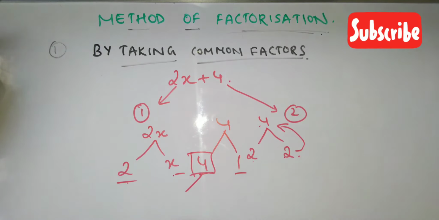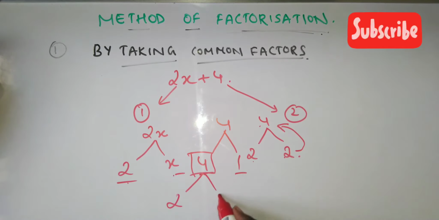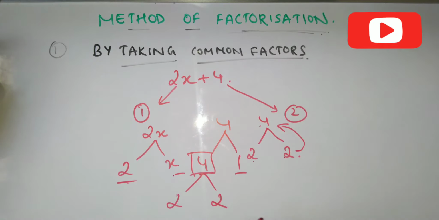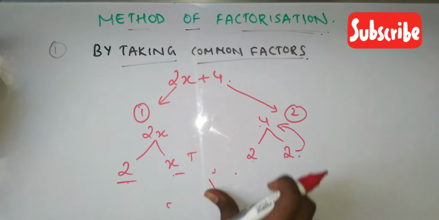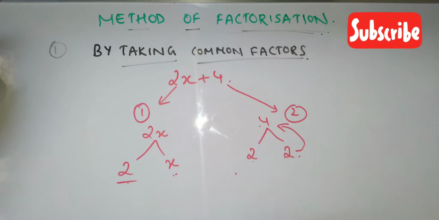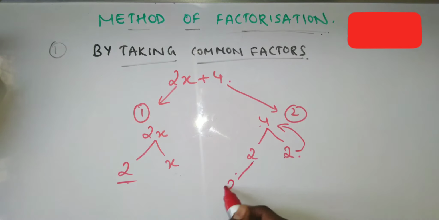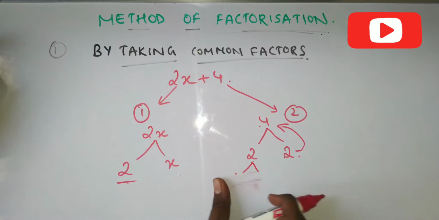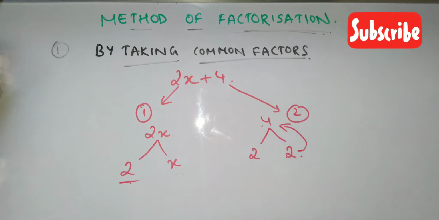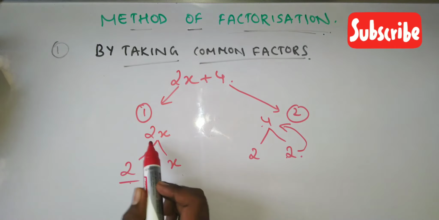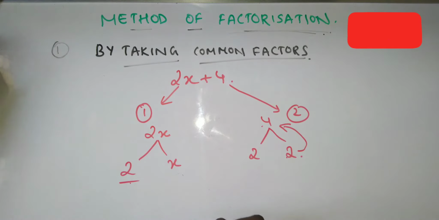You can factorize it again as 2 into 2. So it's better to write 2 into 2 from the start, because 2 cannot be factorized again. I cannot write 2 as 2 into 1 again and again, because it means the same thing. So it's better to write 4 as 2 into 2. And always remember, 2x is 2 into x.